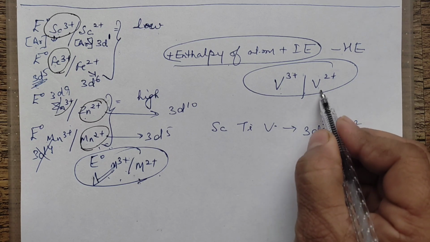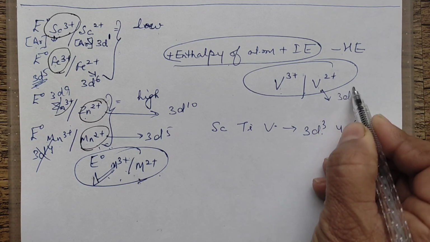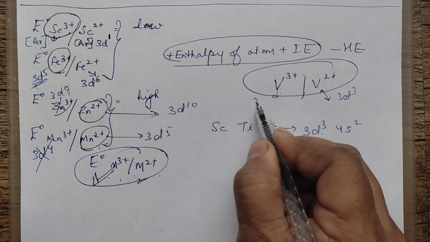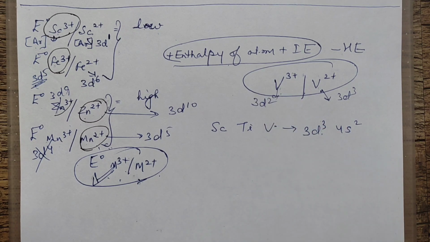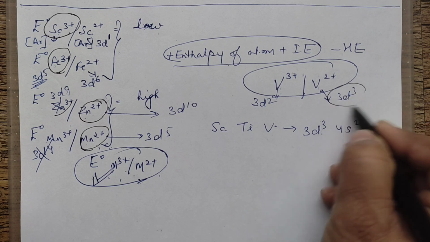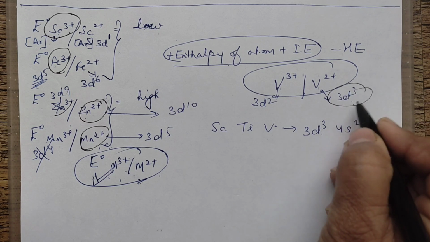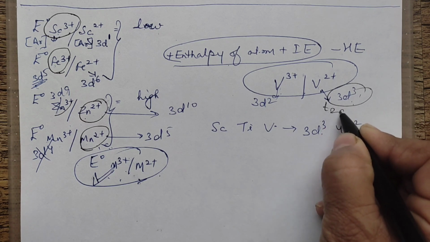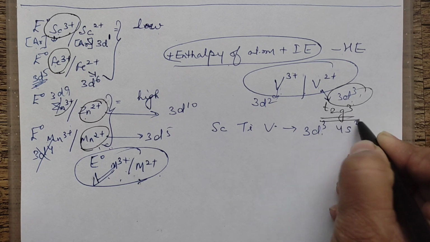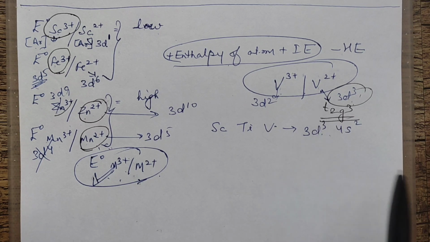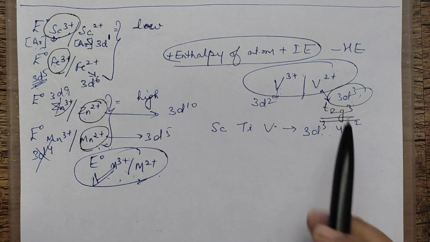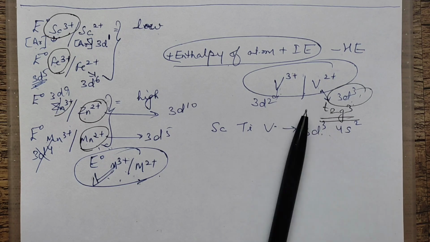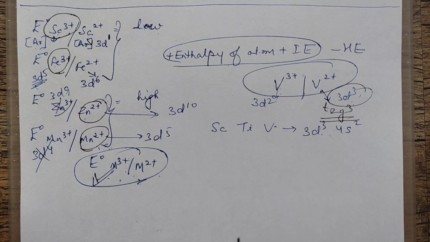So this means it is 3d3 and this means it is 3d2. Now obviously out of these two, which is more stable? 3d3. Why is 3d3 more stable? Because it has t2g3, a half-filled configuration. In terms of t2g3, it is half filled, so this is very, very stable. Got it? So I hope this point is clear, children.